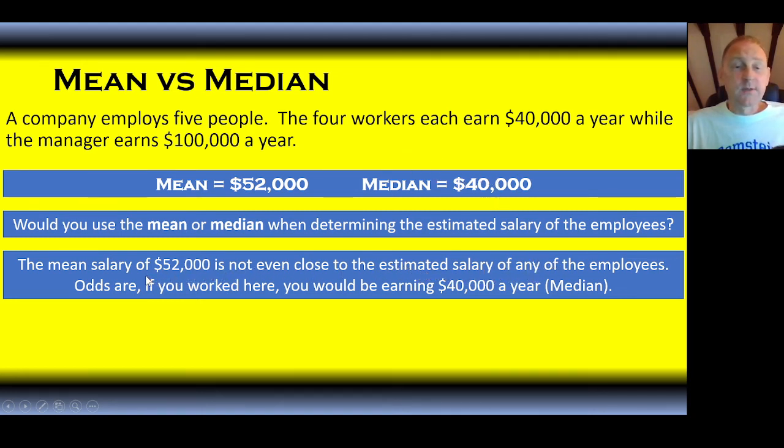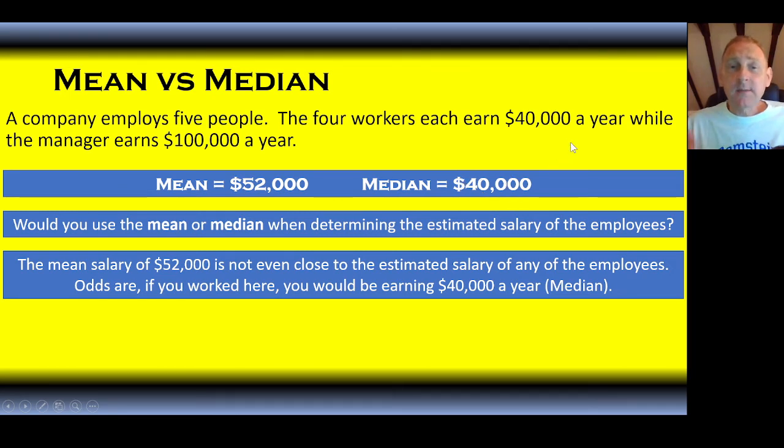In other words, if you were to work here, odds are you would probably be earning $40,000 a year, the median. So in a situation like this, the median is a better representation of how much a worker would get at this company. An average worker is not getting $52,000 a year. The average worker is getting $40,000 a year.